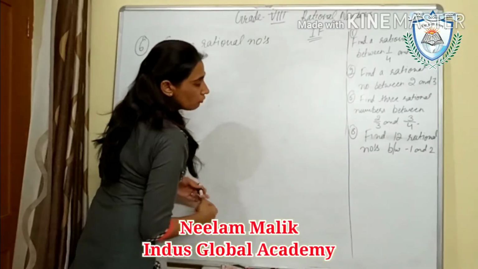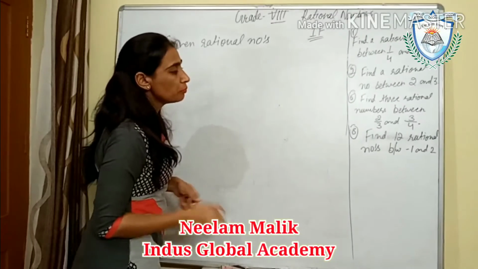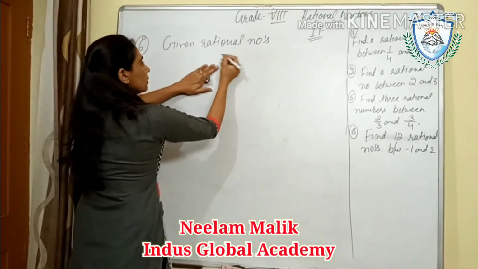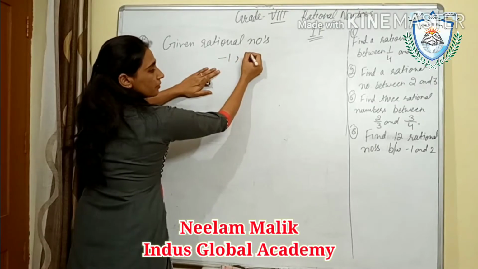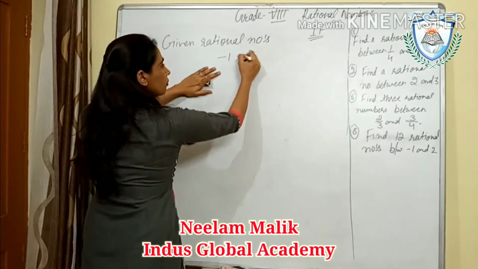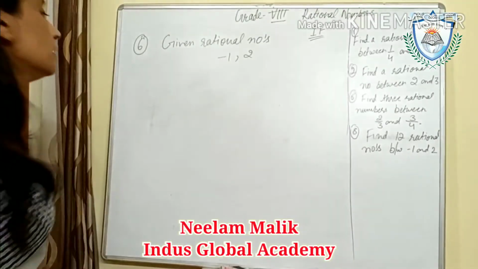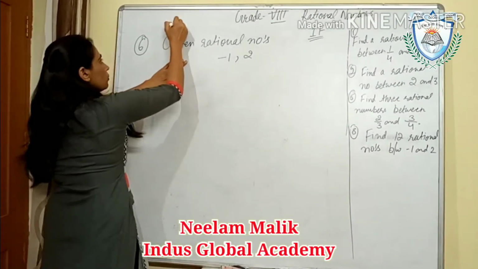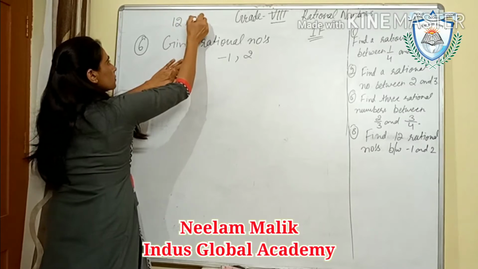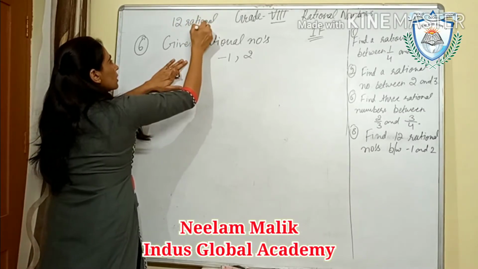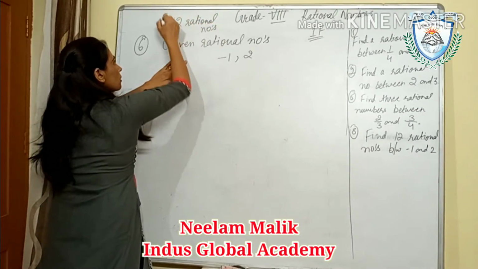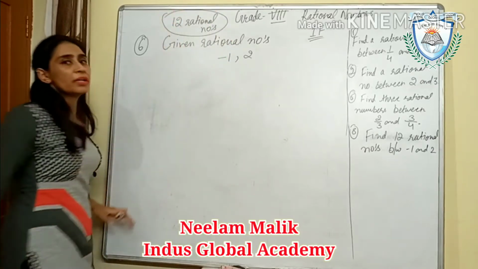So now find 12 rational numbers between -1 and 2. These numbers are given to us, -1 and 2. We have to find 12 rational numbers.